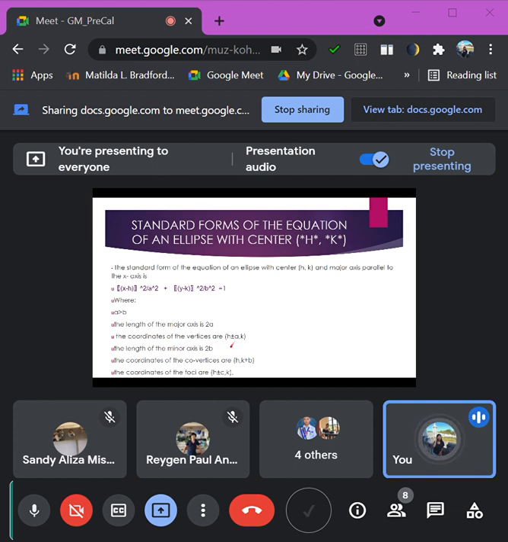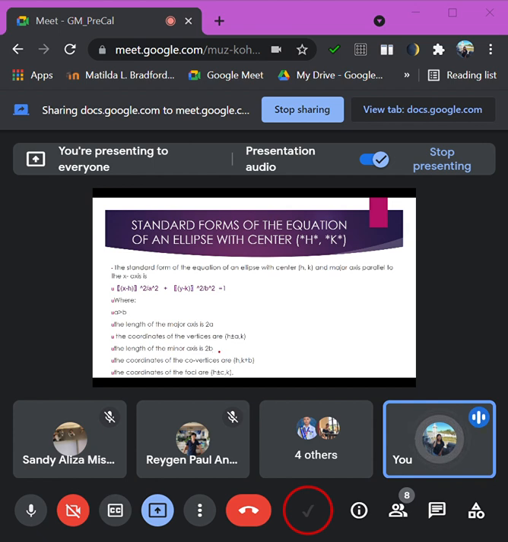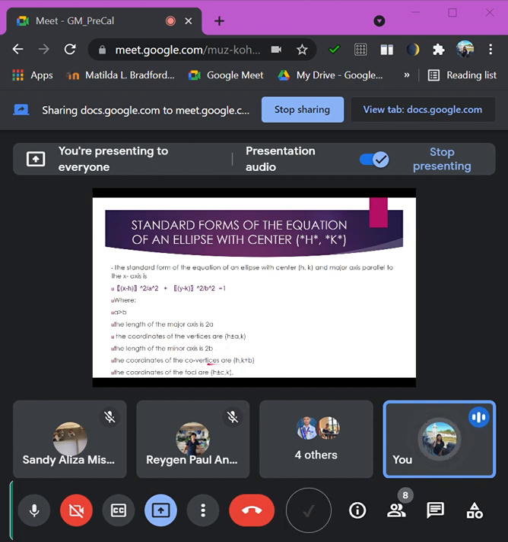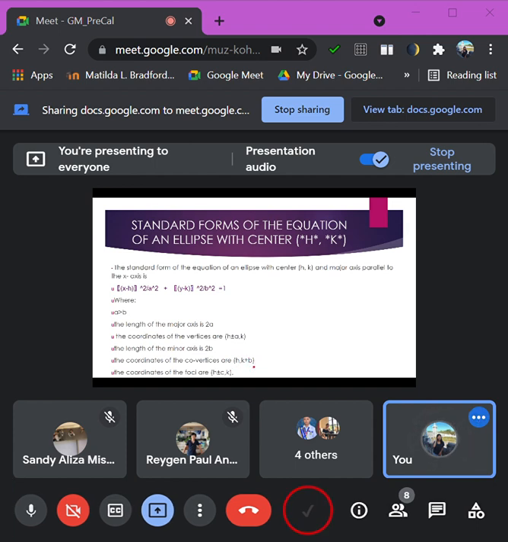Okay? Imo ni siyang i-add. So H plus A and then H minus A and then K ang tapad. So kung unsay K nimo diha imo na siya ibutang dira. While ang imuhang length sa imong minor axis kay 2B. So for your 2B, you will have there H and then K plus B or K minus B.